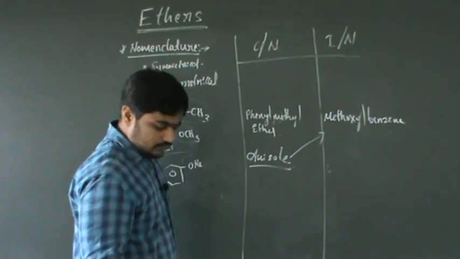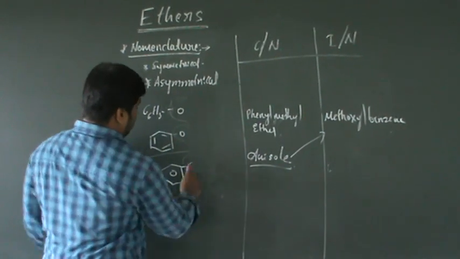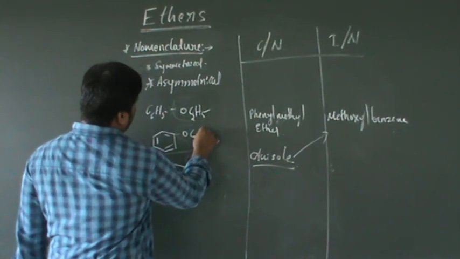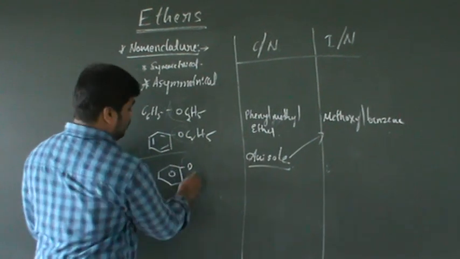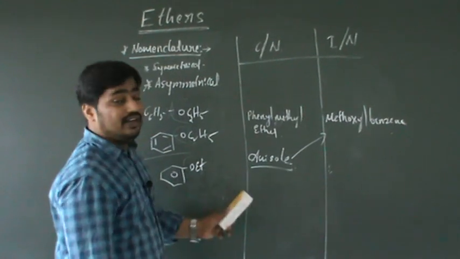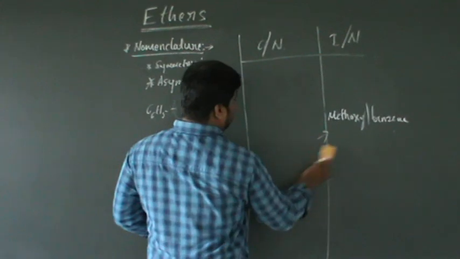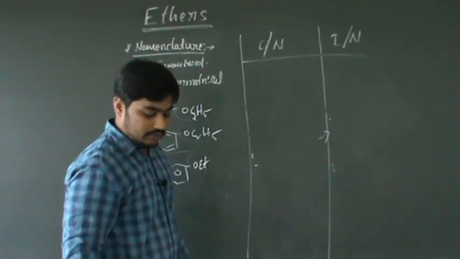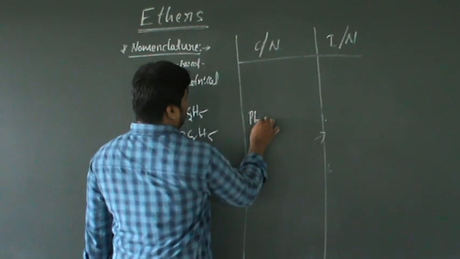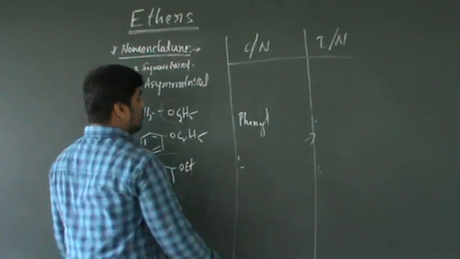Next, suppose it contains C2H5. It is ethoxy, therefore it is represented as OEt. Et stands for ethyl. Then what is the common name of the compound? The common name is phenyl ethyl ether, since the benzene ring is attached to oxygen.